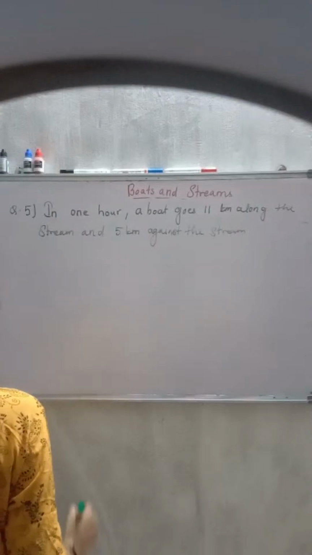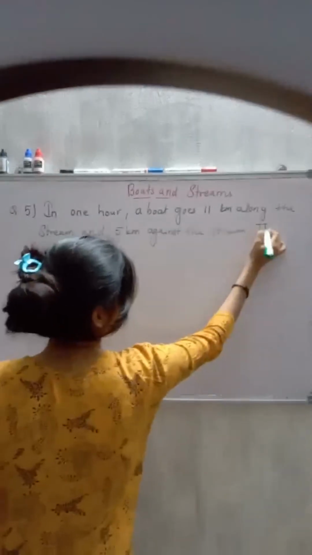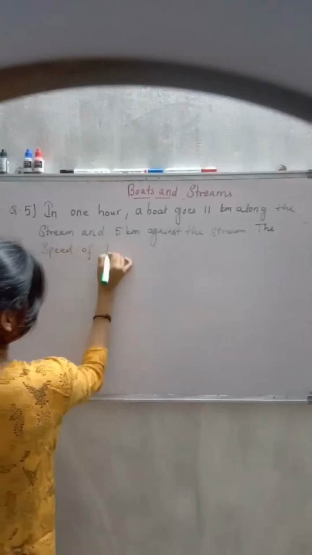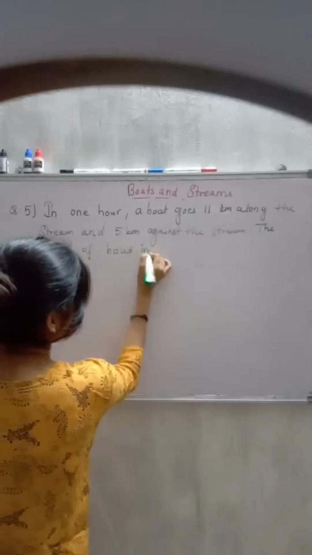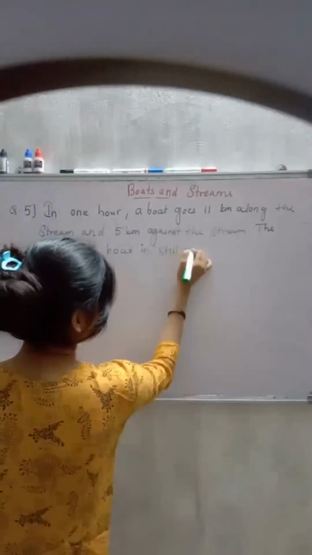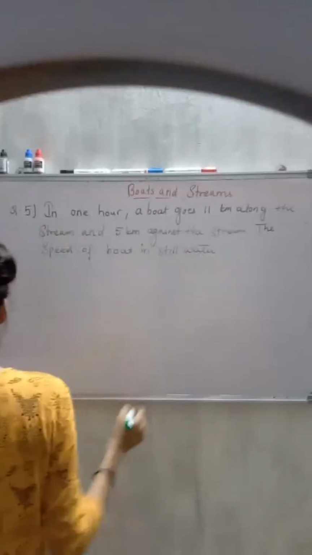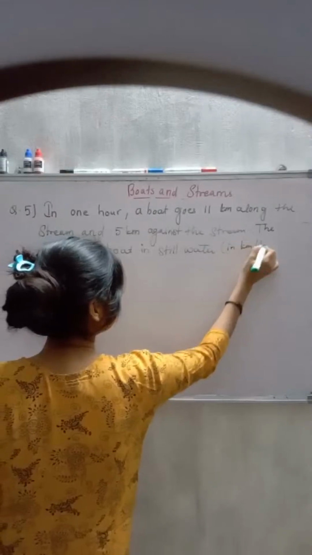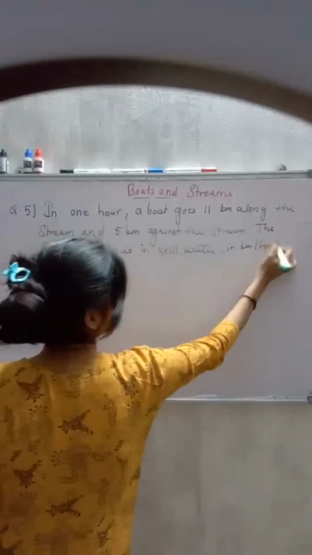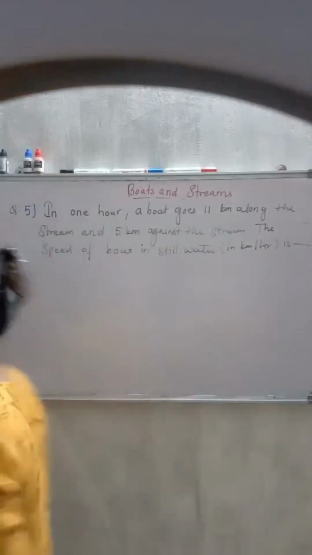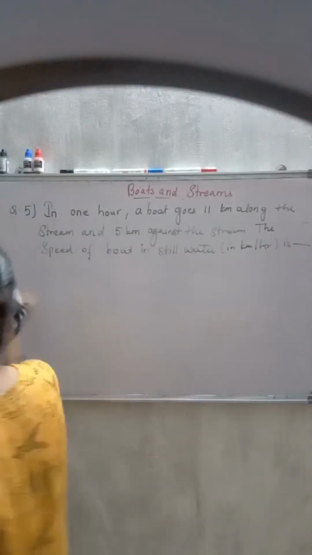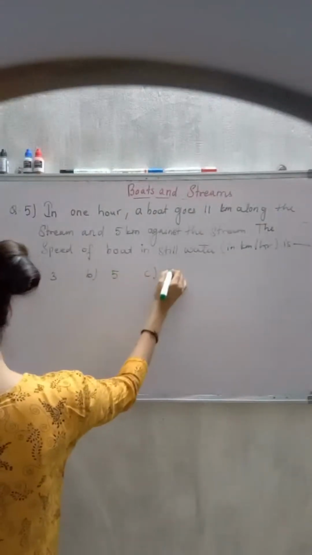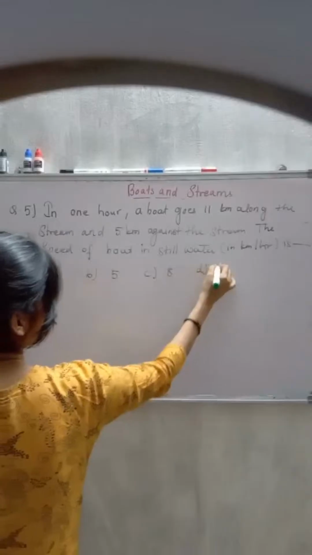The speed of boat in still water in kilometer per hour is, and the options are A 3, B 5, C 8 or D 9.